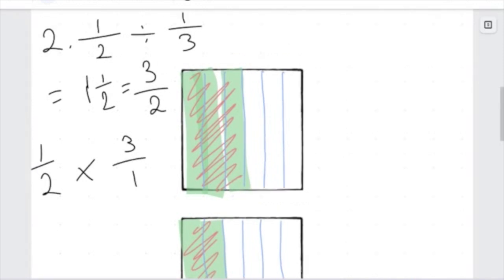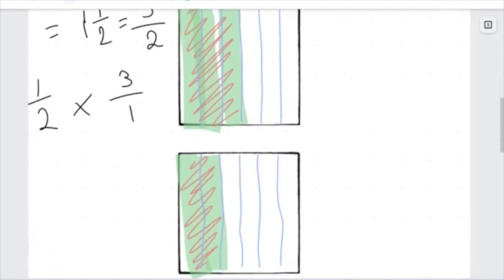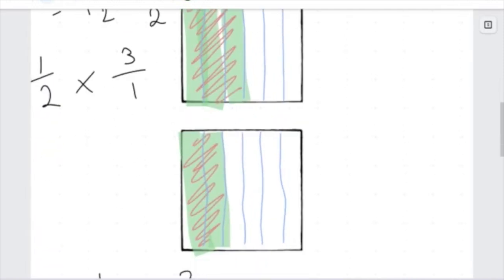So it's the same as flipping this fraction and then changing the division sign to a multiplication. Now, when we do this, we get 3 over 2, 3 halves. Because our numerators multiply, 3 times 1 gives us 3, and our denominators multiply, 2 times 1 gives us 2.